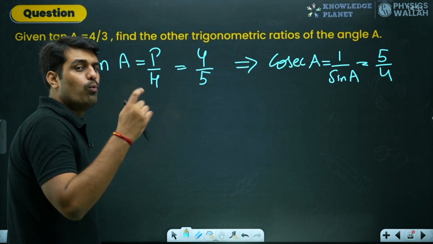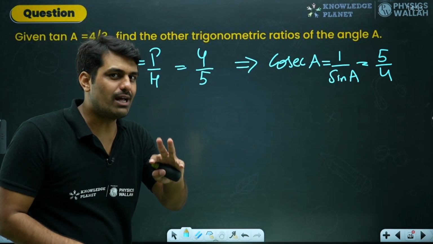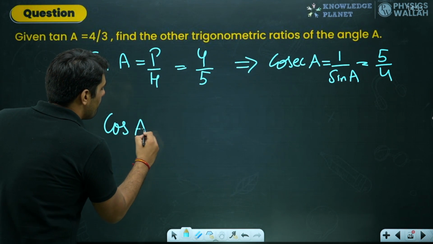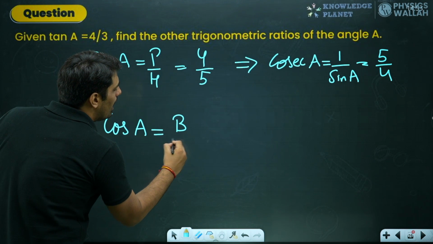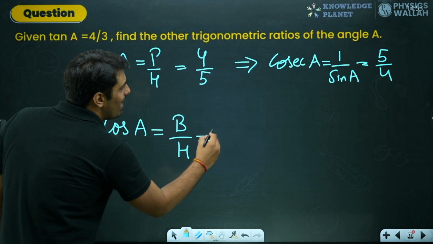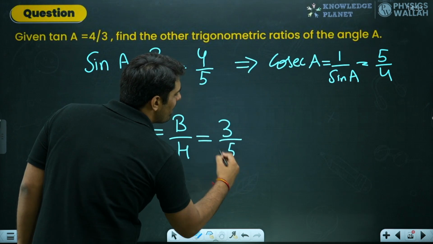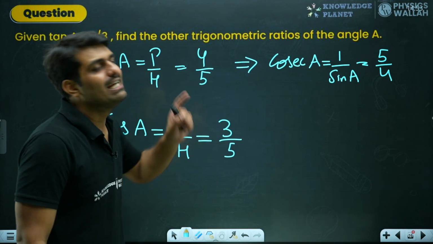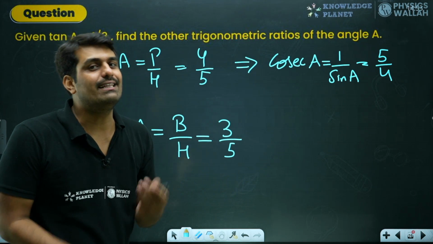Next ratio, 1, 2, 3, 4. 4 ratios done, 2 ratios left. So we are having the next ratio as cos of A. Cos is base upon hypotenuse. The base value we have taken as 3. So 3 by 5. No complication at all. Simply you have to do one thing: calculate the third side and take the ratio. That's it.